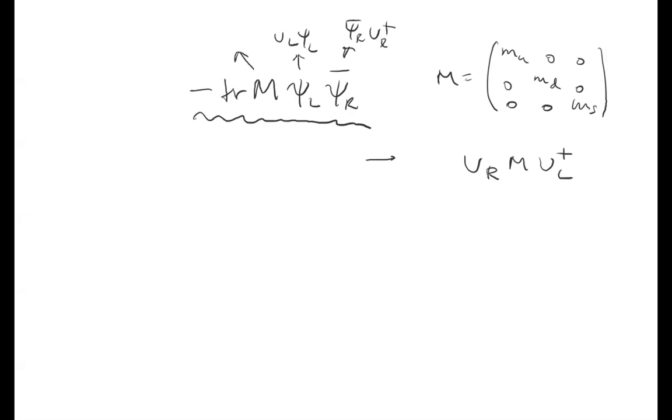And if this quark mass matrix goes to U right M U left dagger, then all of these transformations cancel inside the trace, and therefore this Lagrangian would be invariant.